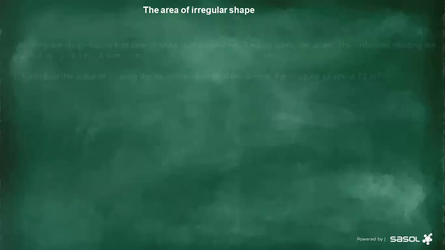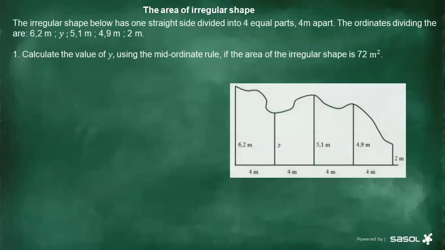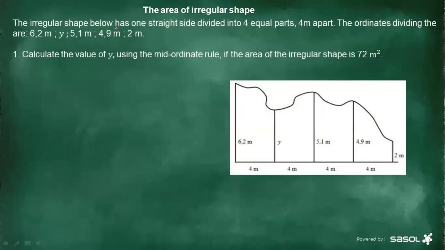And let's have another one. The irregular shape below has one straight side divided into 4 equal parts, 4 meters apart. The ordinates dividing the parts are 6.2 meters, y, 5.1, 4.9, and 2 meters.